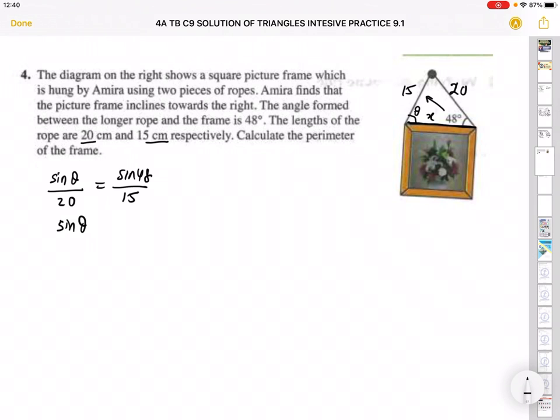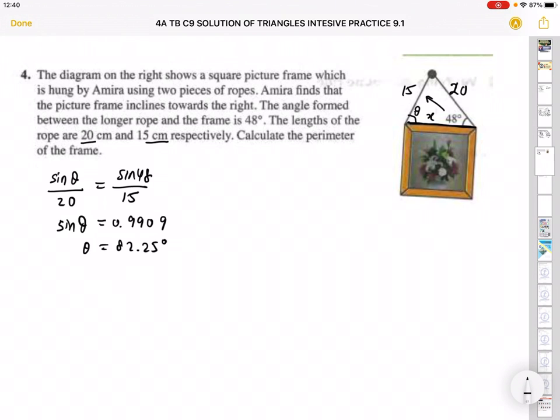Okay, I got 0.9986. Actually you don't have to write this straight away. Use your calculator, shift sine, answer 82.25. Okay, 82.25. So once I know this angle, I can find this angle.